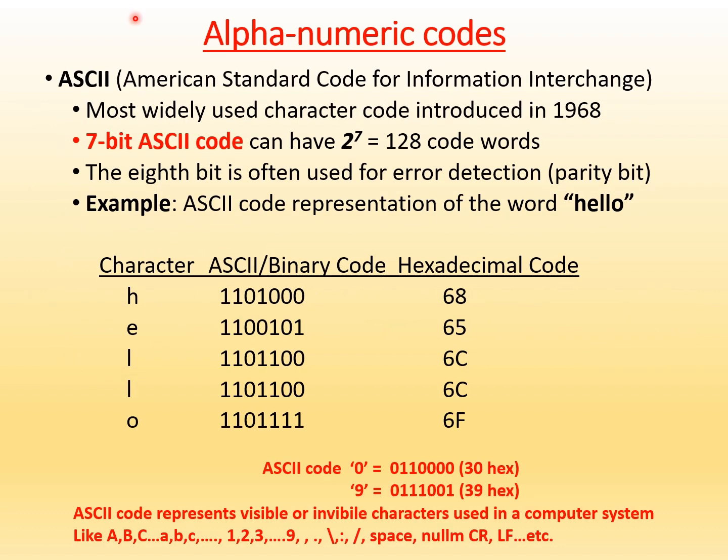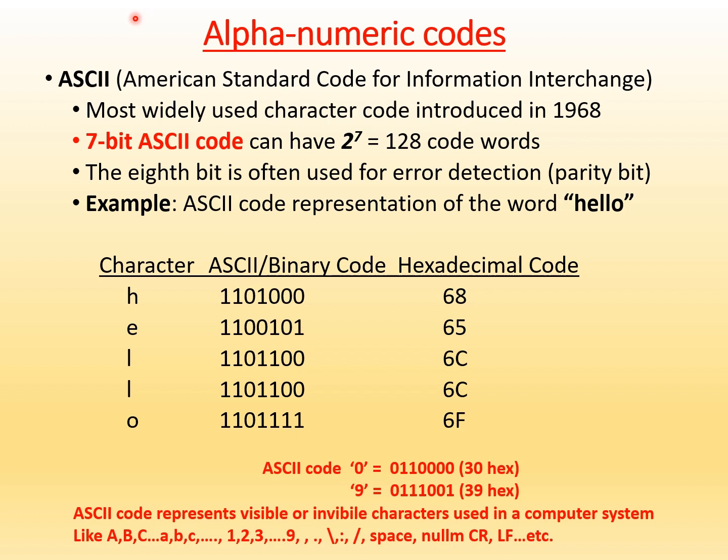So the first code in our bucket list is the ASCII code. ASCII stands for American Standard Code for Information Exchange, and it was introduced in 1968. It is also called alphanumeric codes because it transforms alphabets and numbers both.